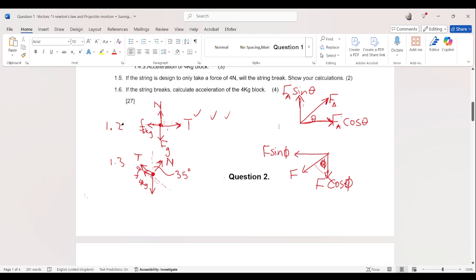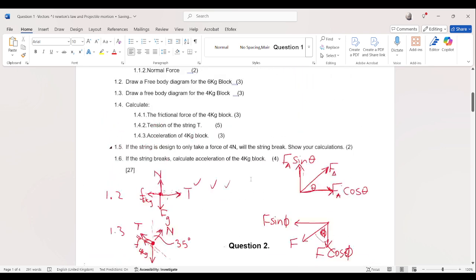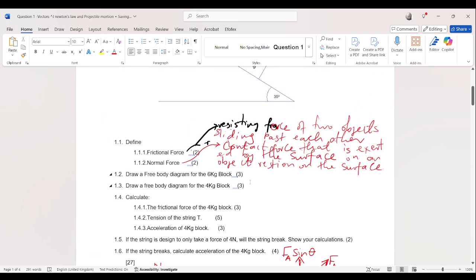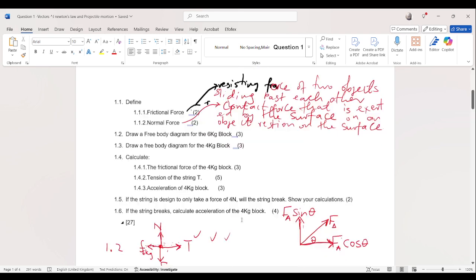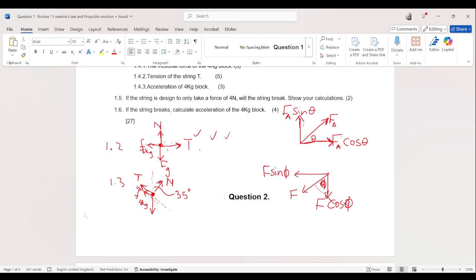Okay. Now, in order to solve for friction on the 4 kg block, we have to consider the following. The first thing, we have to choose the direction.